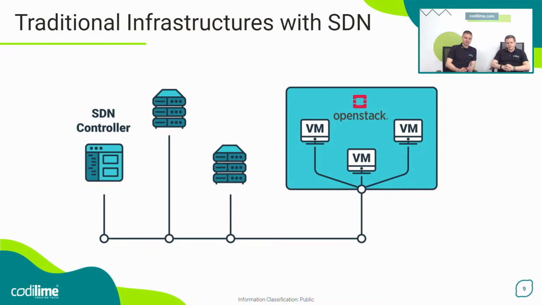Software-defined networking gives you a possibility to have a central point like an SDN controller, which allows you to specify the rules that, okay, I want, for example, to allow the traffic or deny the traffic, and then the SDN does everything for you. So you don't have to configure each router manually, each switch manually, and apply the configuration.